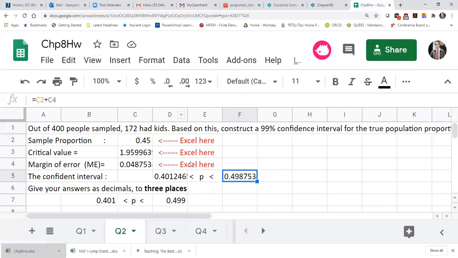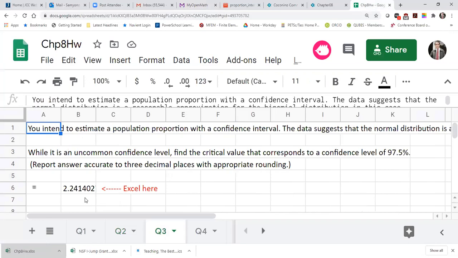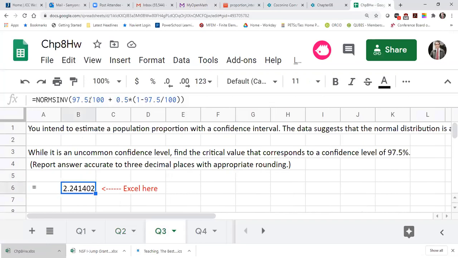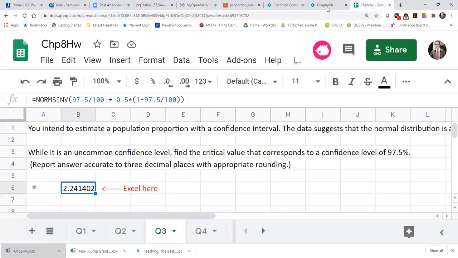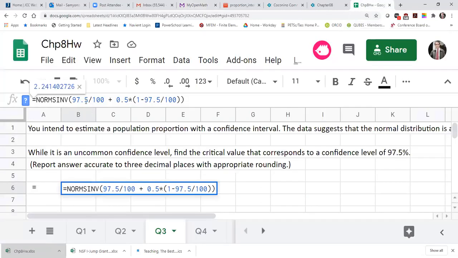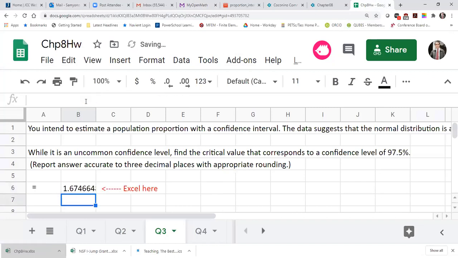So you need to change it here to 90.6. This one also you need to change to 90.6. Yeah, so this will be the answer.